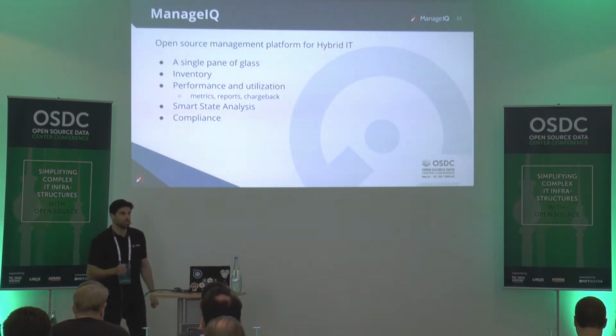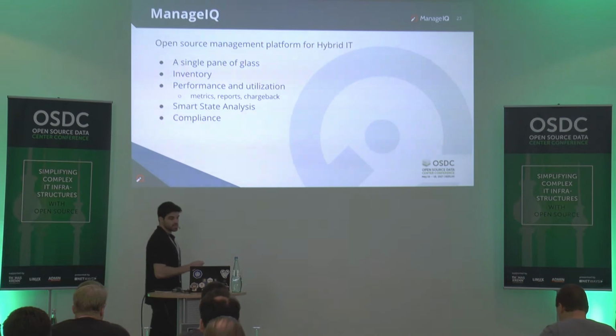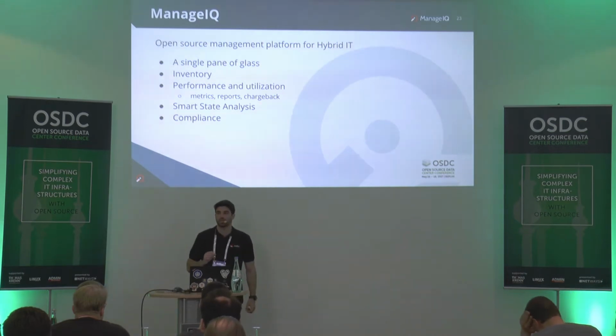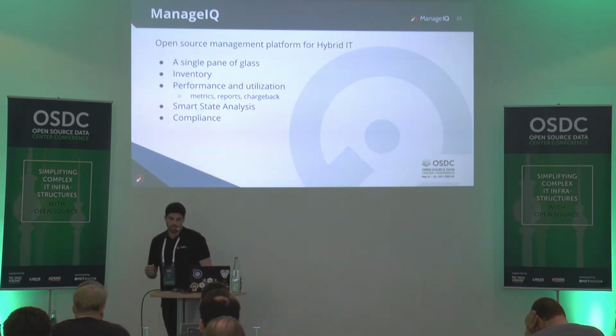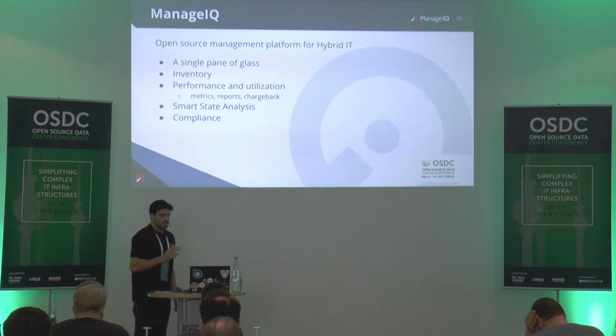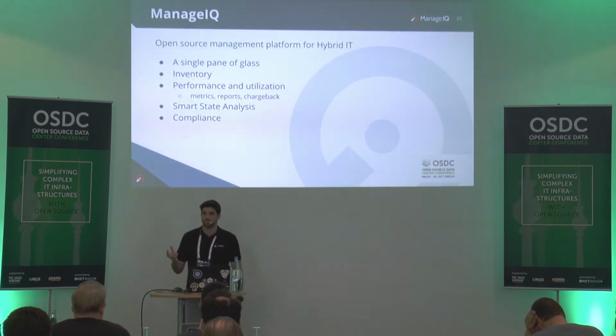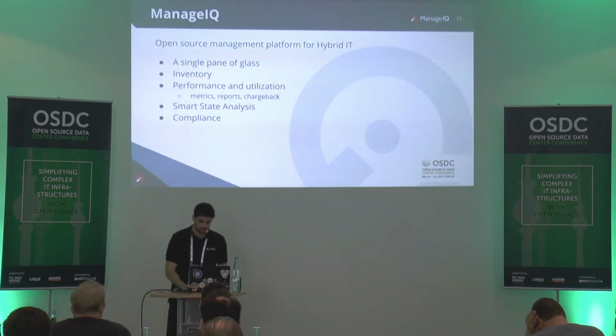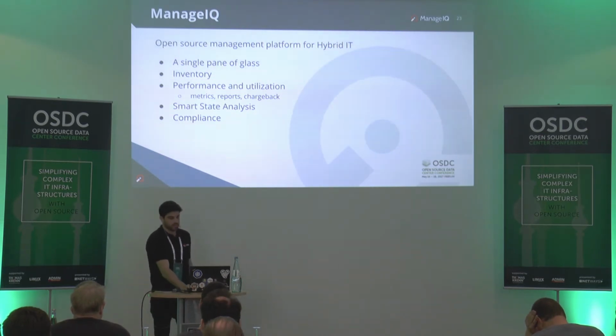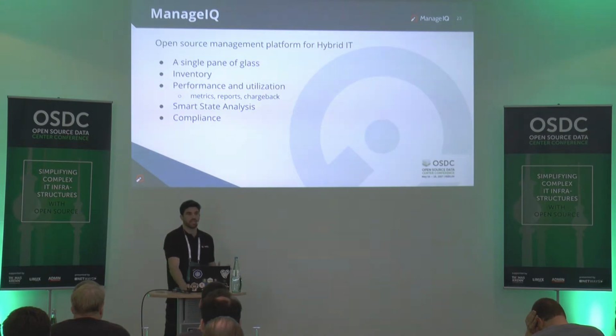It checks all the packages and the latest CVEs. And if this container image is marked as non-secure for many reasons, then ManageIQ will tell OpenShift not to use this container image anymore in our cluster. So it's pretty powerful. And also, the smart state analysis works for VMs and hosts and some other entities.